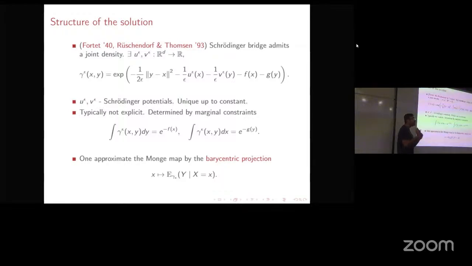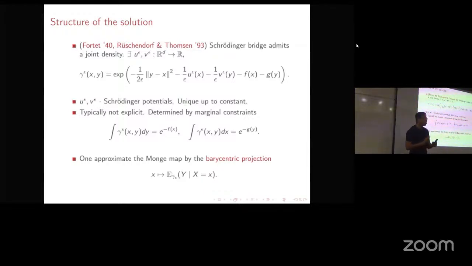And this is if and only if. If you can find such a joint density which respects the two marginal distributions, and here I have again messed up my notation, this is my mu, this is my nu. If you find such functions which respect my two marginal densities, it must be the Schrödinger bridge, and the Schrödinger bridge must look like this.